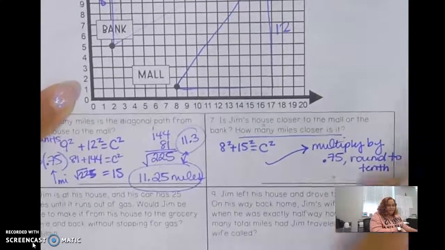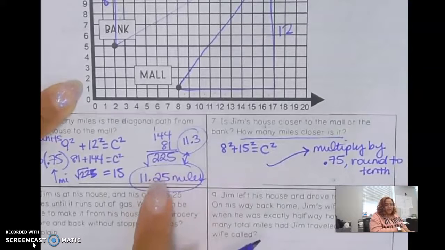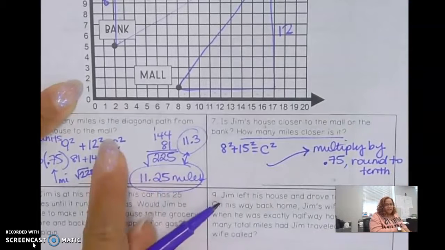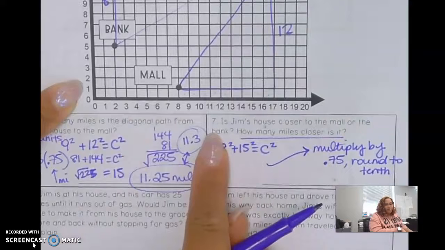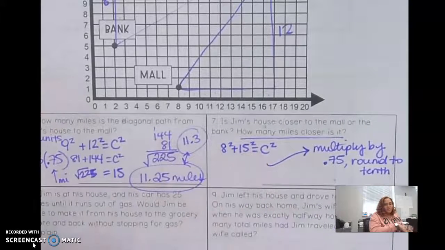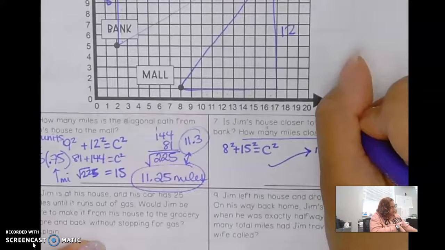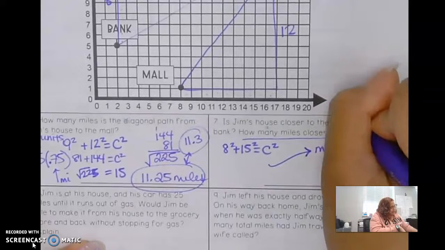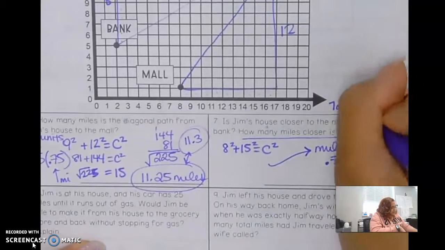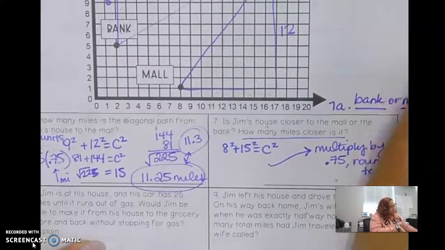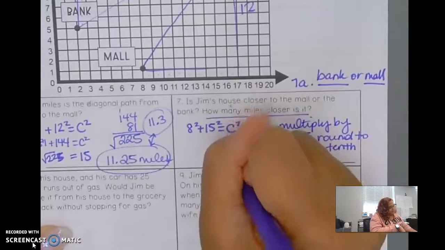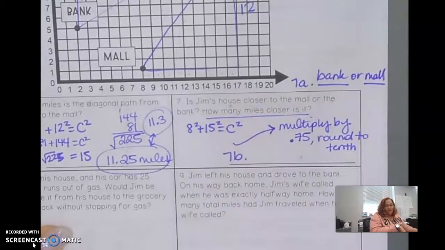Then I'm going to find the difference between that and this question here, because this is the distance to the mall, and we want to know if his house is closer to the mall or the bank. And this will only be one question. Actually, no, this will be 2. So there'll be a 7A, which is is it closer to bank or mall. And then 7B is going to be a number.